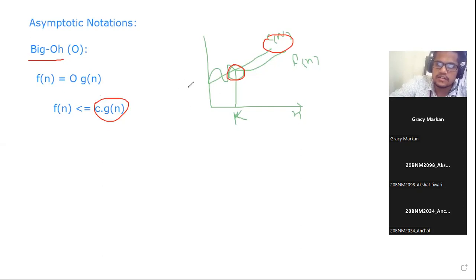What is that condition? When this separates, the condition is true. One more thing: C is greater than 0, n is greater than or equal to K, and K must be greater than 0.